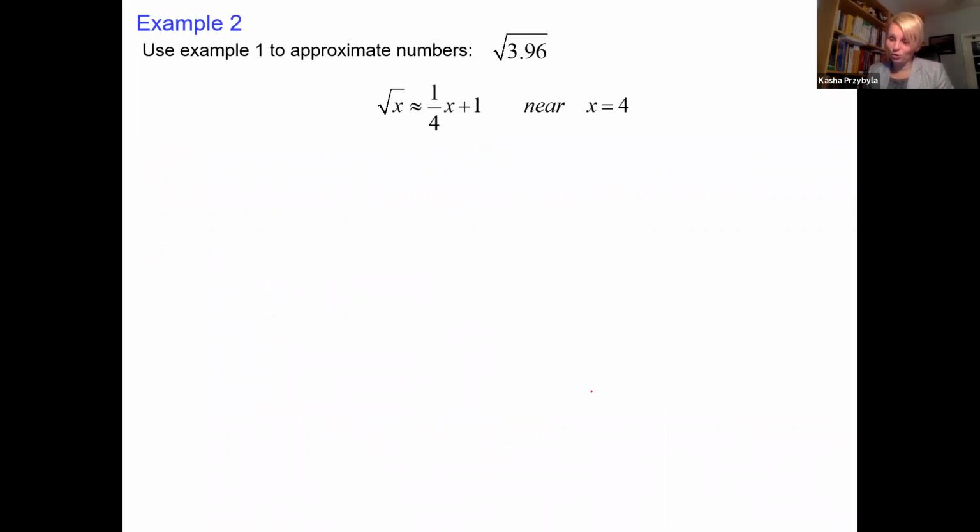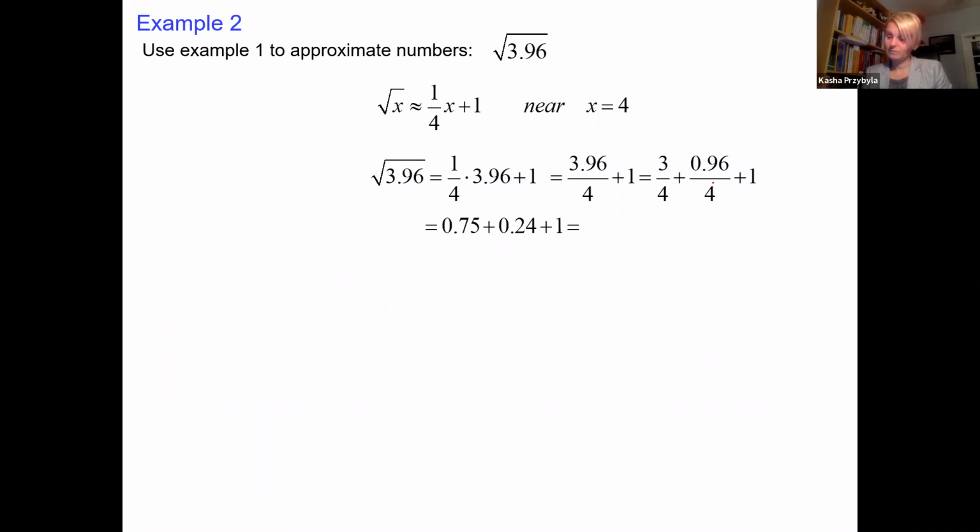3.96, of course, is close to 4, so it still works. I just substitute 3.96. Because I'm trying to compute this without the calculator, 3/4 is 0.75, and 0.96 divided by 4 is 0.24, because 100 divided by 4 is 25.